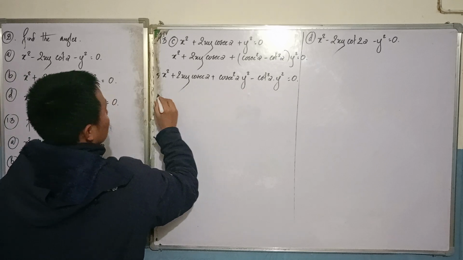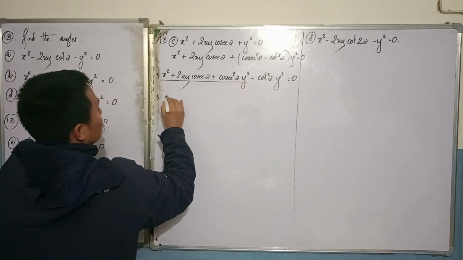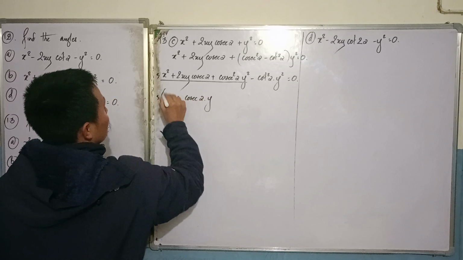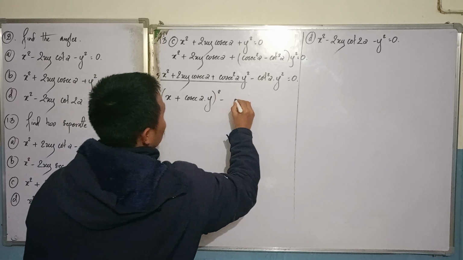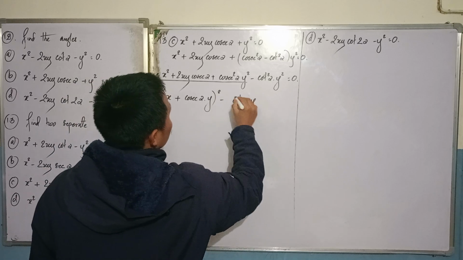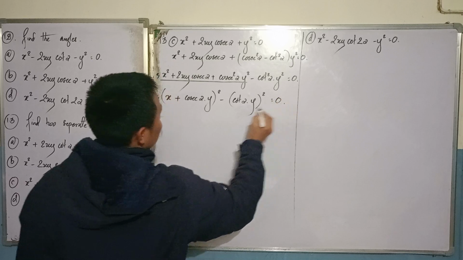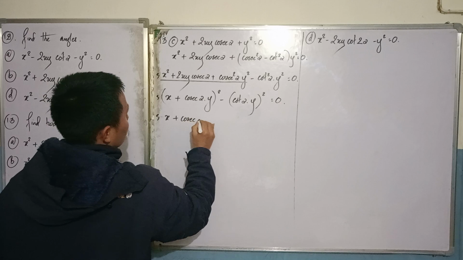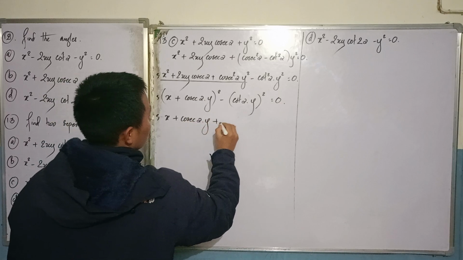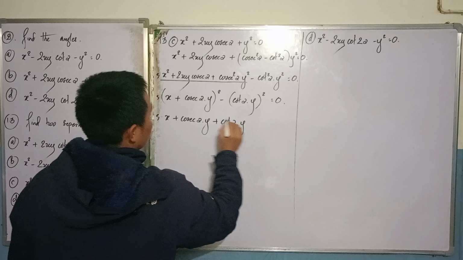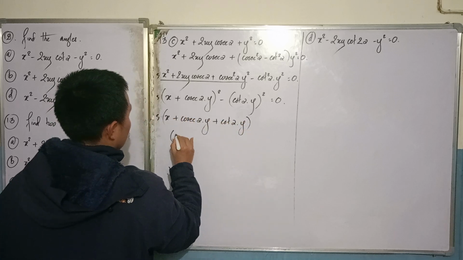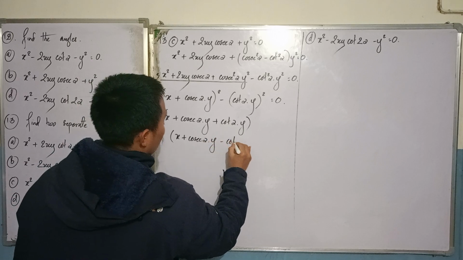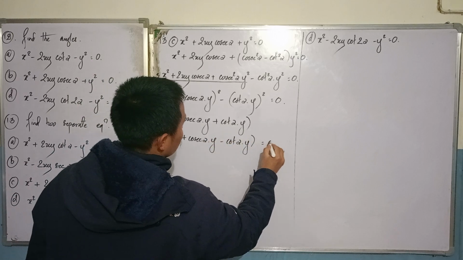Now this whole part can be written as x plus cosec alpha y whole square minus cot alpha y whole square is equal to 0, or x plus cosec alpha y plus cot alpha y, and another is x plus cosec alpha y minus cot alpha y is equal to 0.